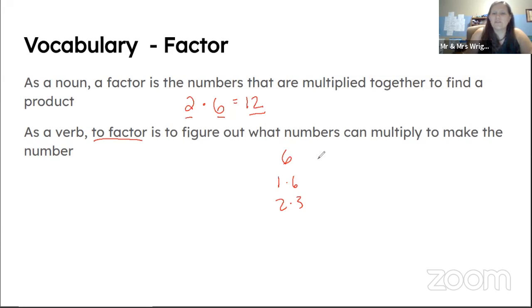So if we were to factor 6, the factors of 6 are 1, 2, 3, and 6. These are all the factors of 6, meaning they can be multiplied by something to make that number, okay? We factored as a verb the number 6 to find the factors as a noun of the number 6. All right, so that has to do with what's going to be multiplied.